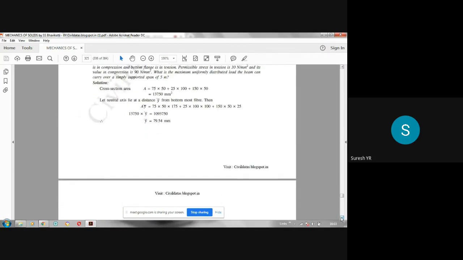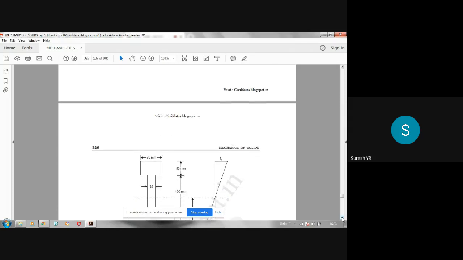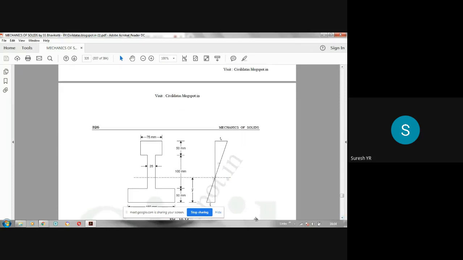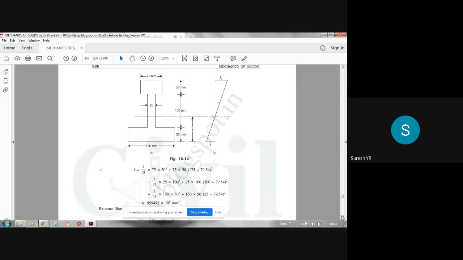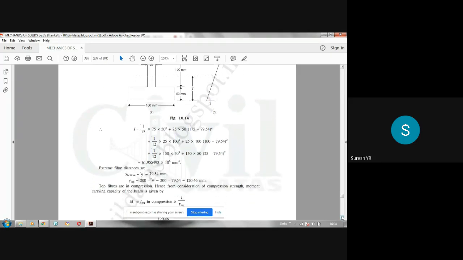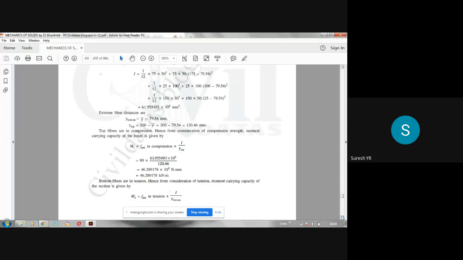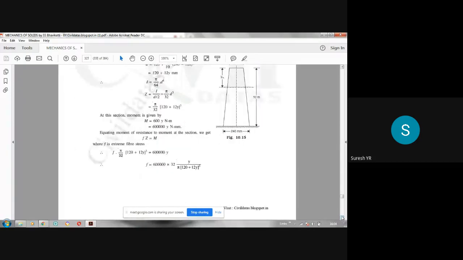Your calculation of maximum bending moment or moment of resistance of the section remains the same. Here, another I section he has done, an unsymmetrical I section. In that case, you have to locate the centroid also, and calculate the moment of inertia in such types of problems.